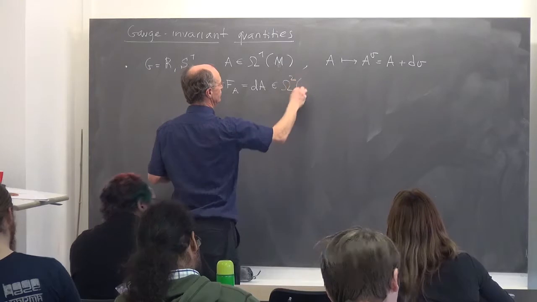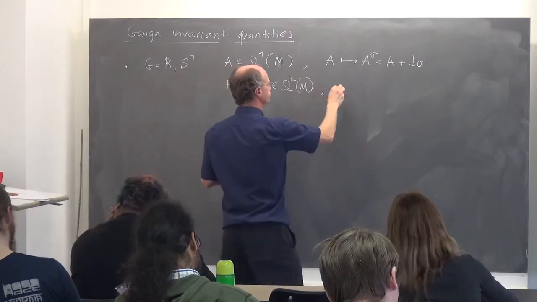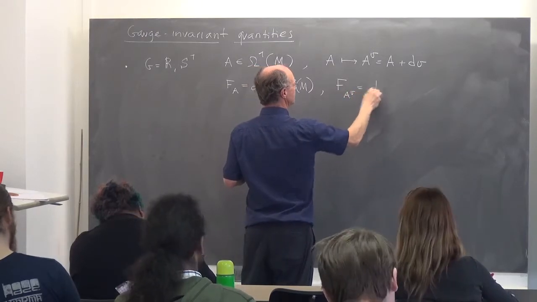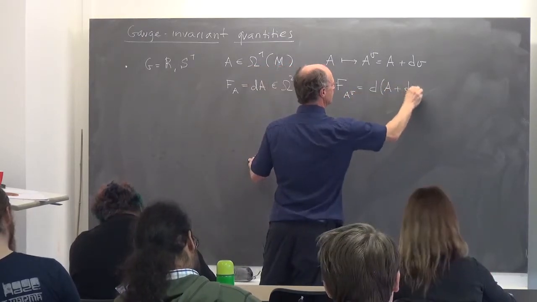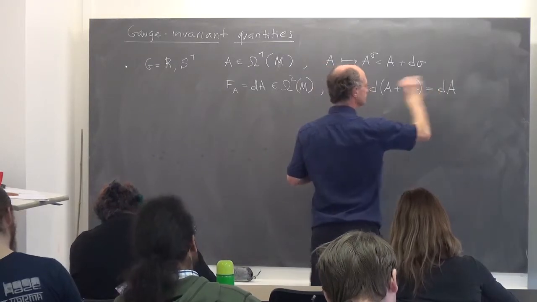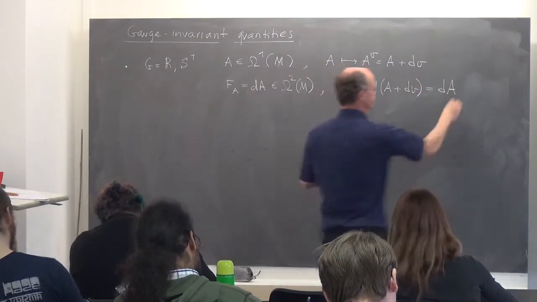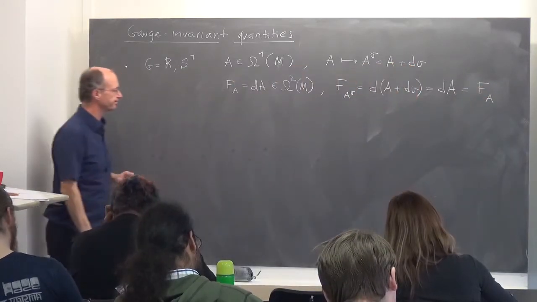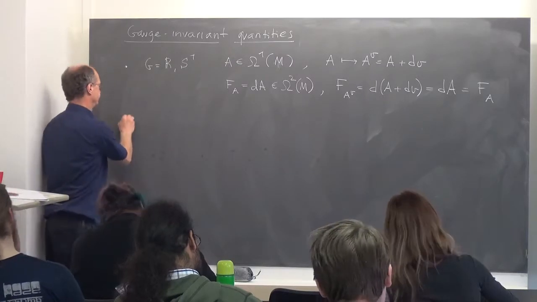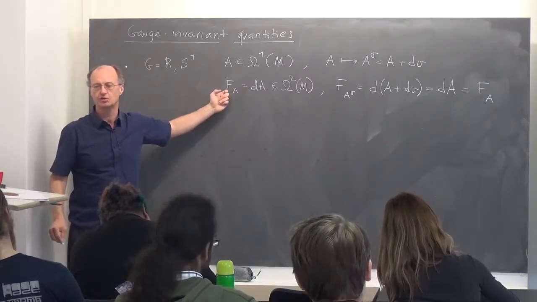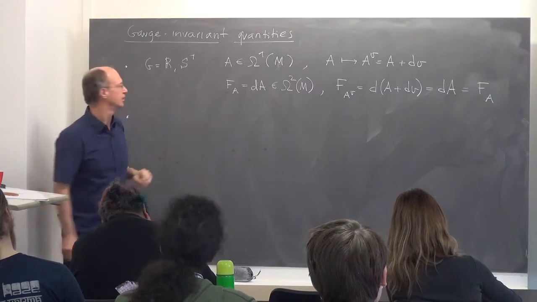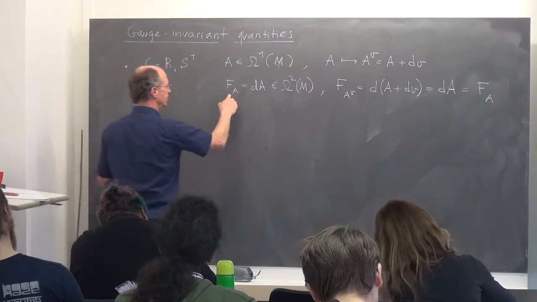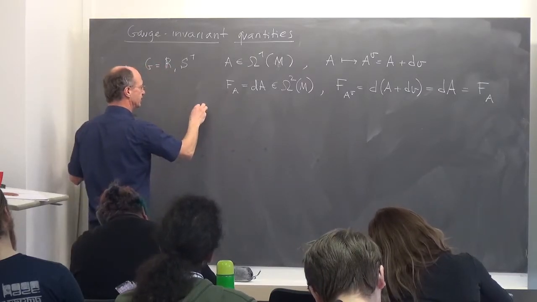So this is a two-form on M, and F_{A+dv} is d(A plus dv), which is equal to dA, and is equal to F_A. So this two-form is a gauge invariant quantity, and this is an important consideration.